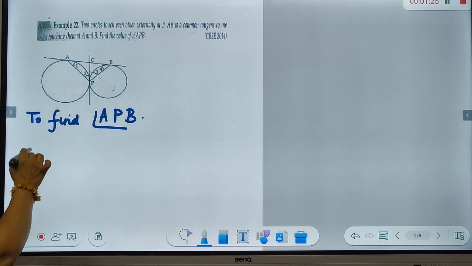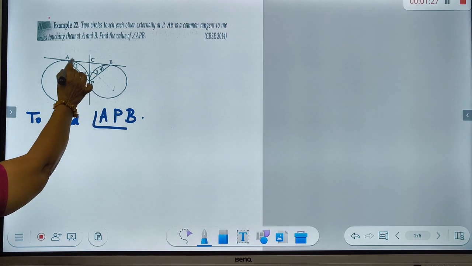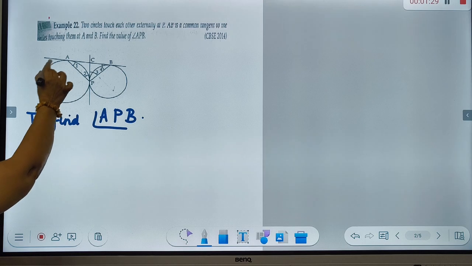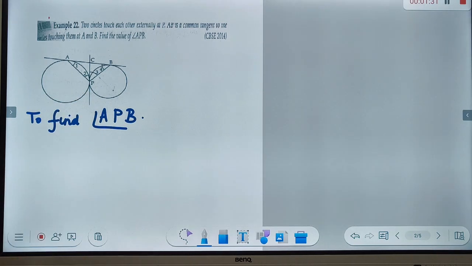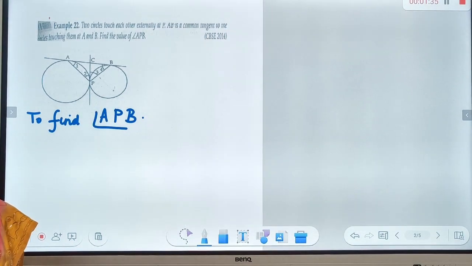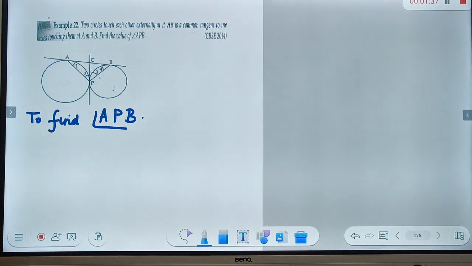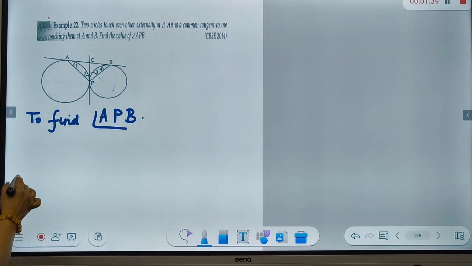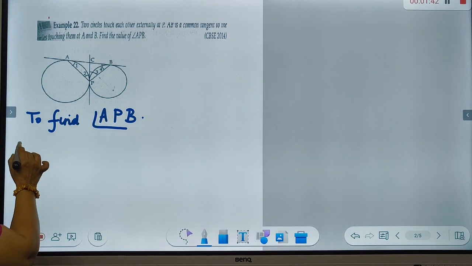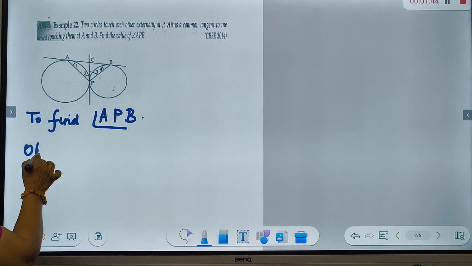Now, from the point C, CA and CP are tangents to the first circle. We know that the tangents drawn from an external point to a circle are equal in length. So, what are the observations that you are making?